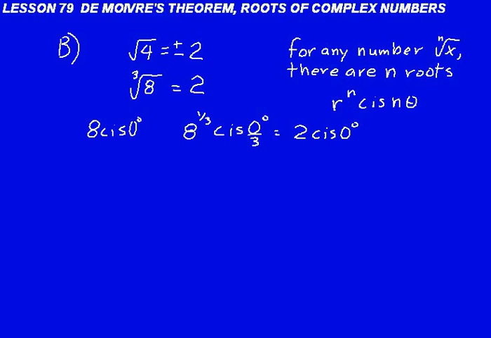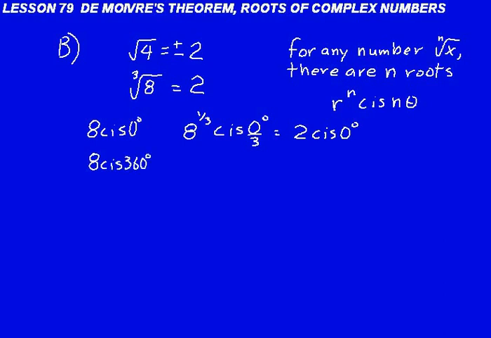Now think about 2 other values that would work for this relationship. What you have to do on problems like this is just work in multiples of 360. We'll start with 8 cis 0 degrees, and then think of 8 cis of 360.